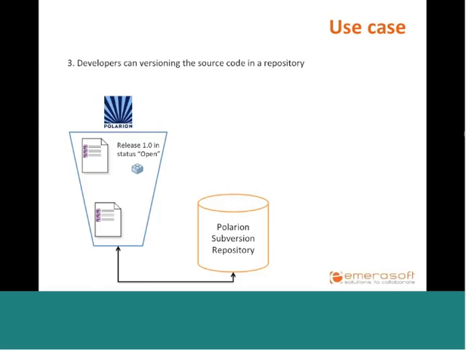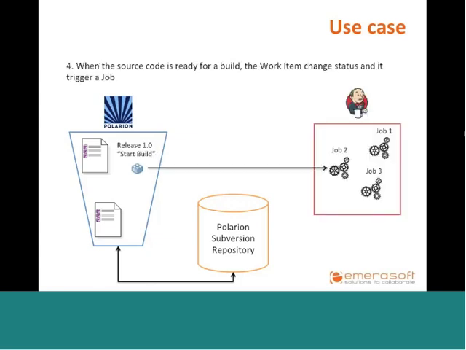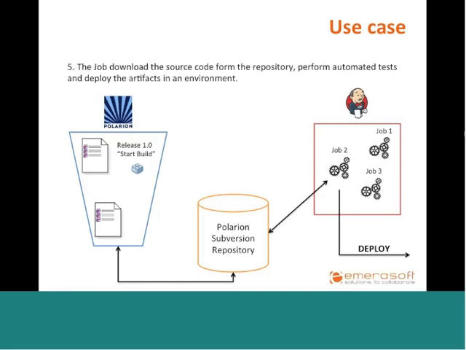Okay, they build their software in Jenkins with many jobs configured, and when the work item changes its status to start build, it can contact a particular job in Jenkins that will launch the build. Jenkins can download the source code from the repository, perform automated tests, and deploy the artifacts in an environment.